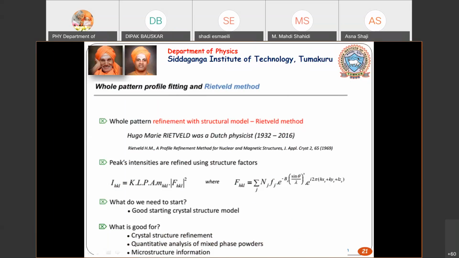It is just the program. Most of the concept is the same, and whichever program you use, they use the same Rietveld concept.